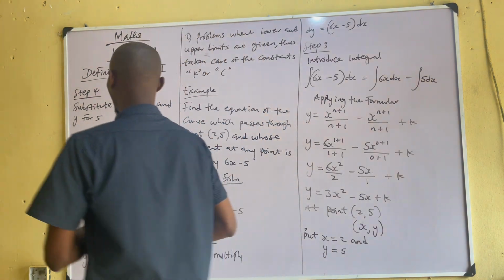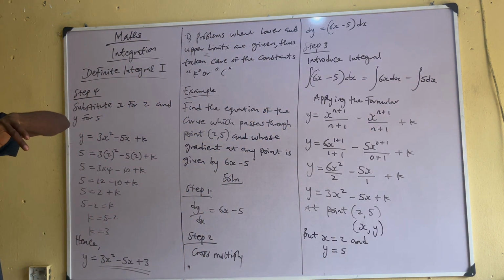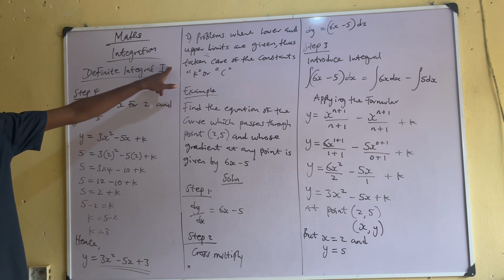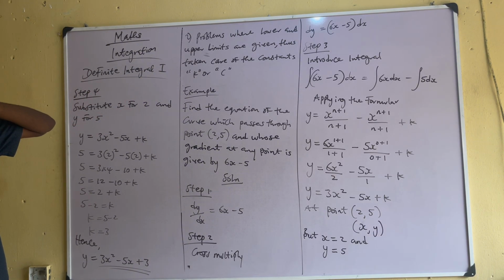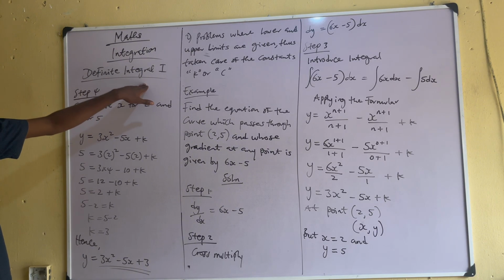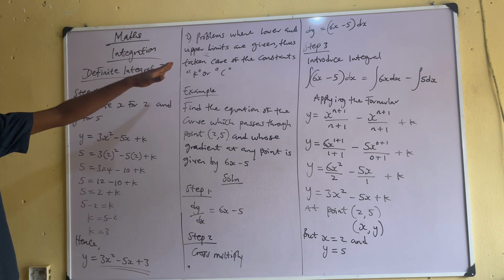So this topic now is all about definite integral, and there are 2 types. That is why I purposely wrote definite integral 1 here, so that you know what you are doing. But in the topic, I made it explicit that under definite integral we have 1 and 2. 1 is for the first type and 2 is for the second type.